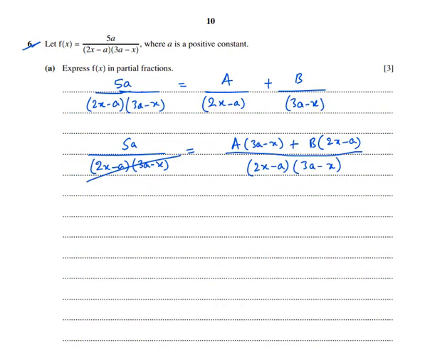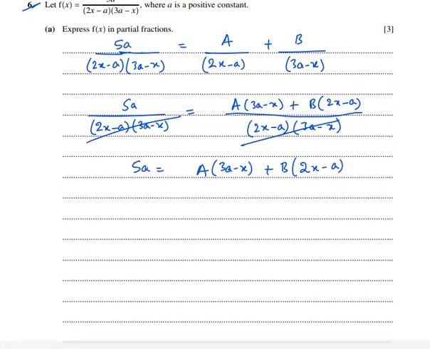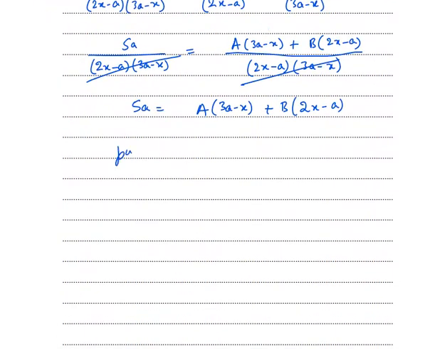So now I can cancel these two terms, and therefore we got the equation 5a is equals to a into 3a minus x plus b into 2x minus a. All right. So now we have to solve for a and b. Put x is equals to 3a, right?